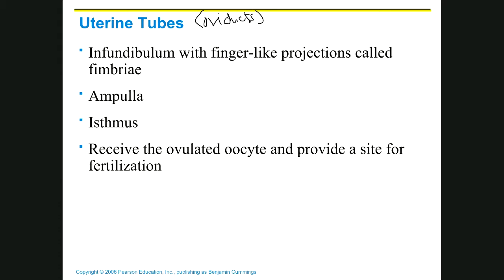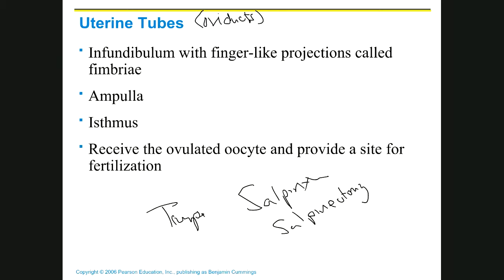And the word for trumpet is salpinx. And so sometimes that word is associated with them. Because if you have your tubes tied, it's called a salpingectomy. It comes from this word, which again means trumpet, because that's kind of what they're shaped like.